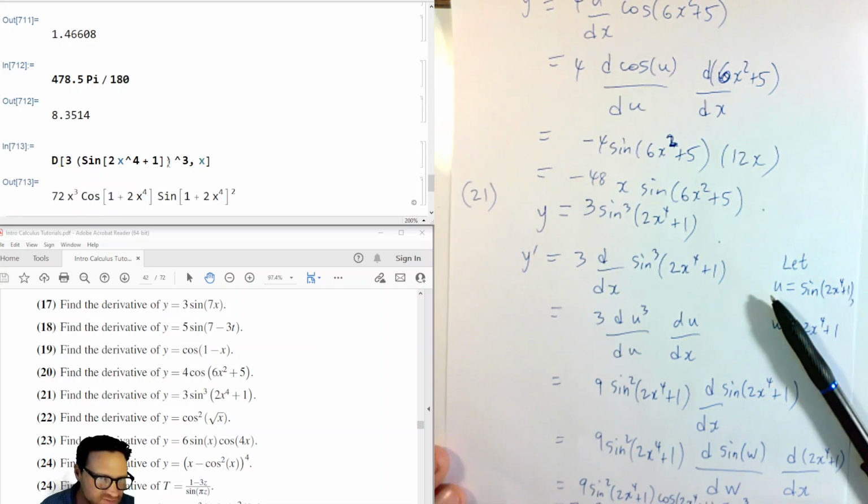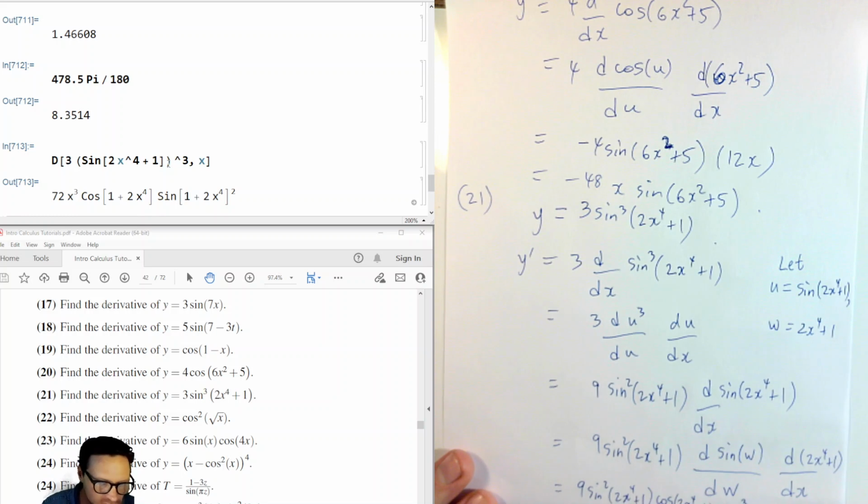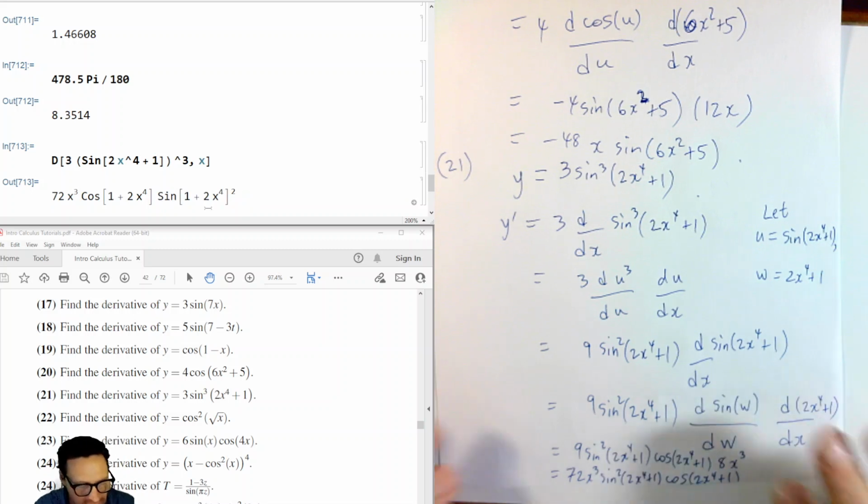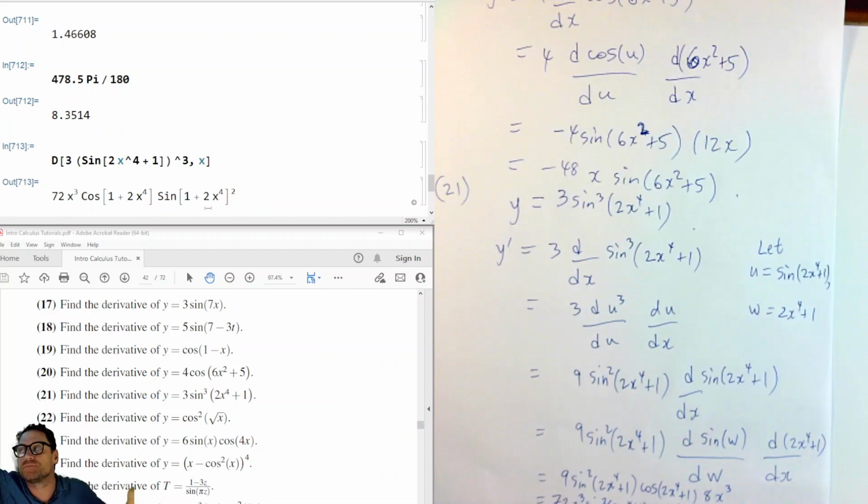Okay, so it gives 72x cubed cos of (2x to the 4th plus 1), and then we have our sine squared of (2x to the 4th plus 1) in this term. Okay, fantastic. I need some more paper.